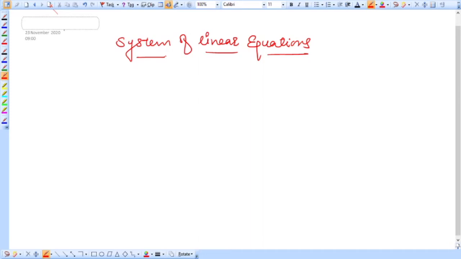So we can write a system of linear equations in this form: a11 x1 plus a12 x2 plus a13 x3 and so on, plus a1n xn, equal to some constant b1, right?